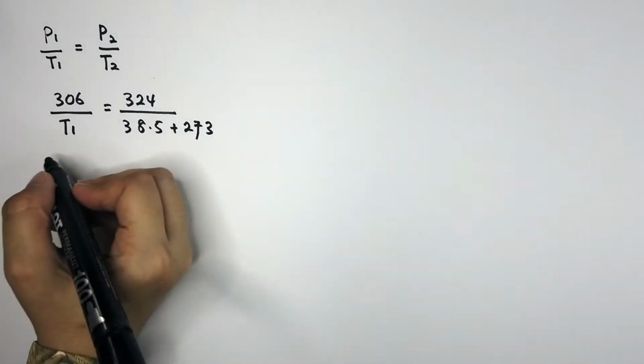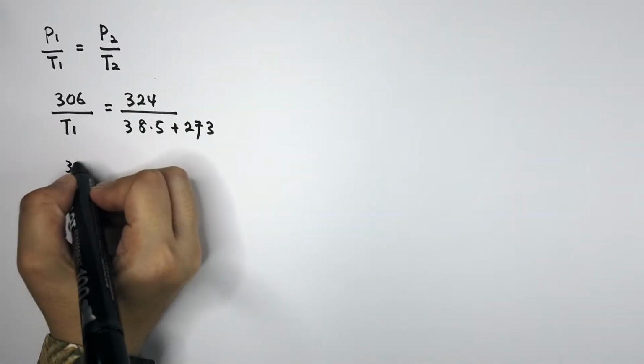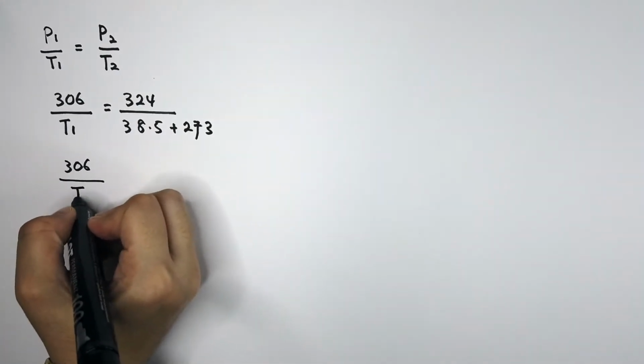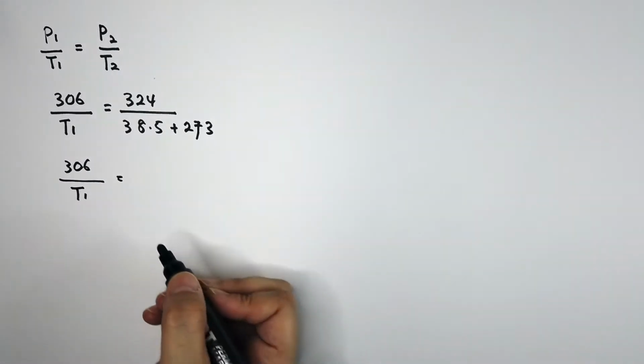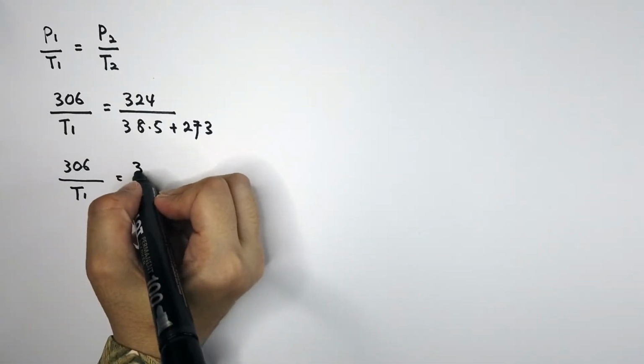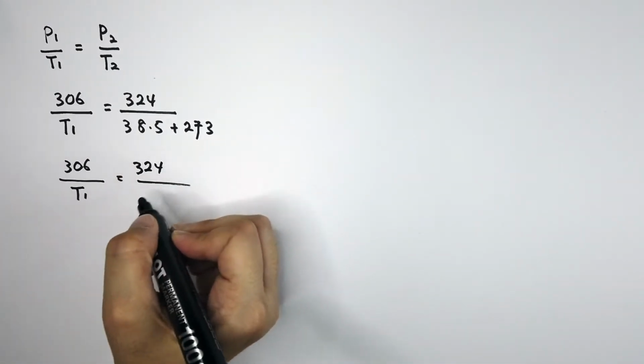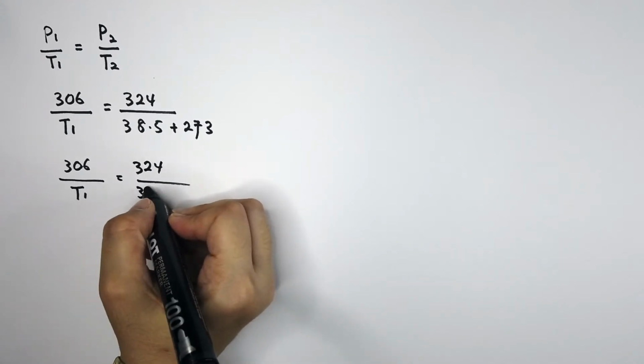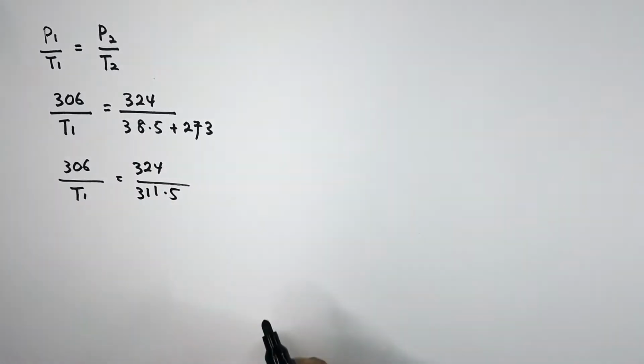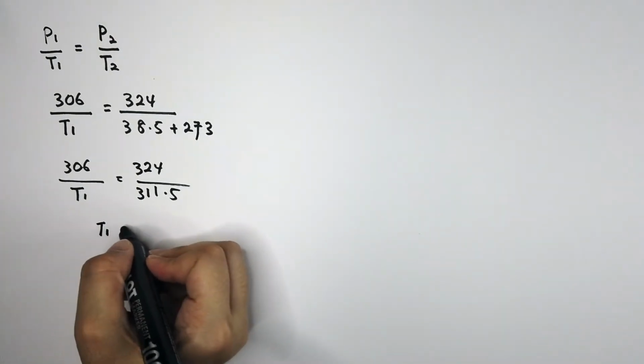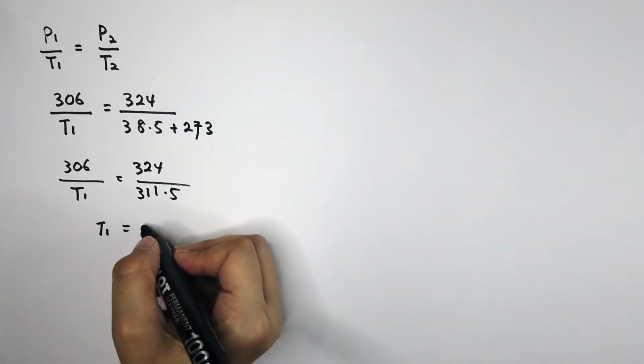So you should get 306 over the initial temperature is equivalent to 324 divided by 311.5.